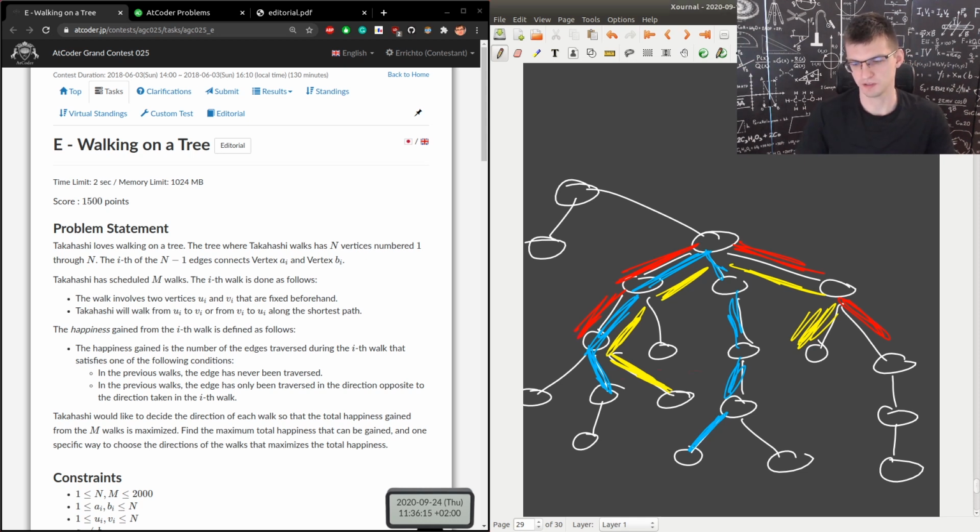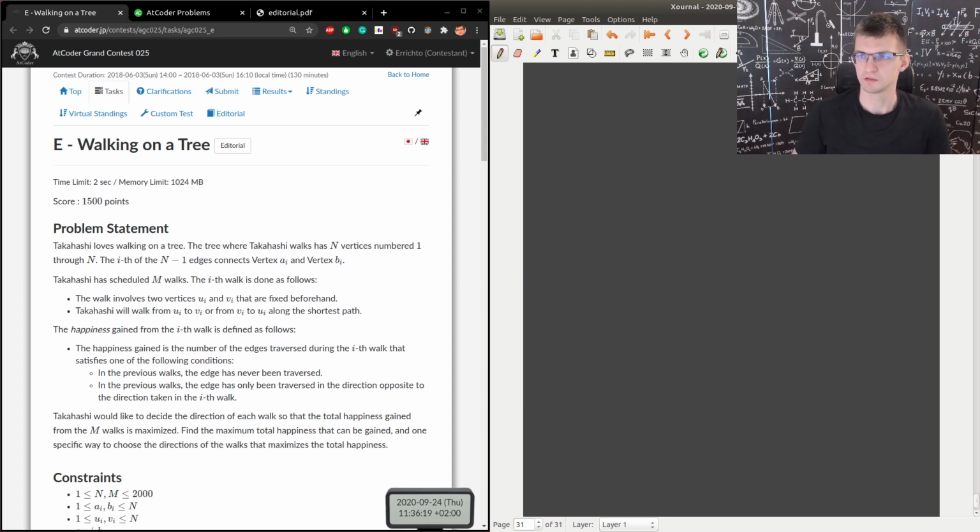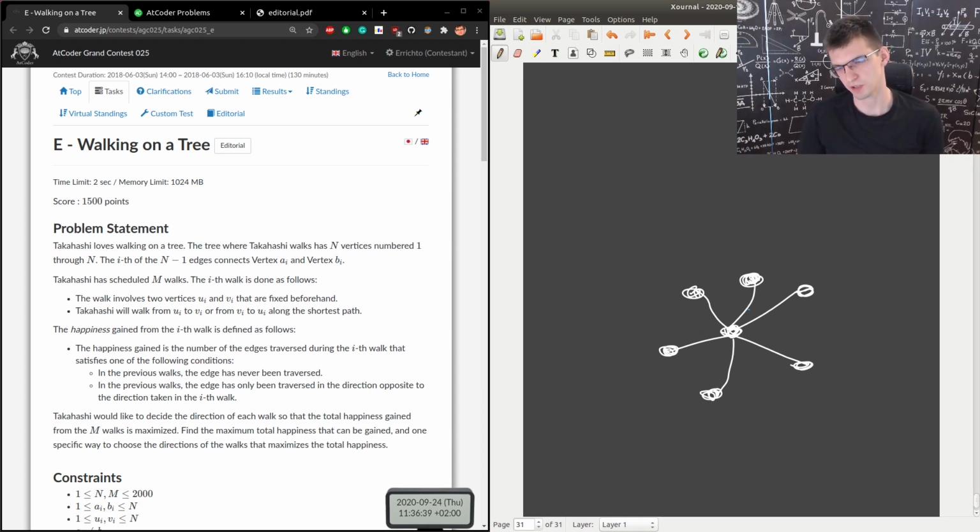What if this is a star? This is a star. Is it some kind of matching?